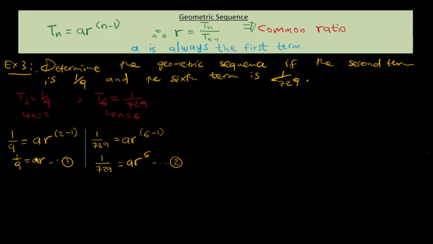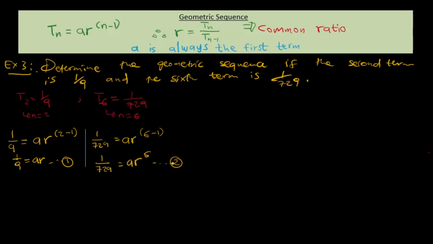I have the exact same form, where I have a number and a variable, exactly the same. So I can say equation 2 divided by equation 1. That way I'll be able to cancel this variable and I'll only be left with one variable. That's how I'm going to solve it simultaneously.